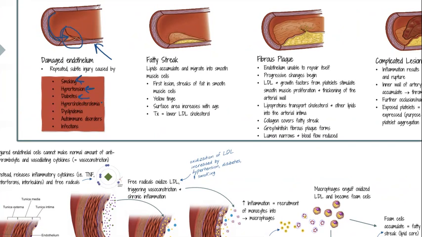Hypercholesterolemia and dyslipidemia are risk factors, which we'll talk about. Of course, an autoimmune disorder where you have the inflammatory process going crazy and maybe attacking your own body or your own blood vessels can definitely cause damage to the endothelium.